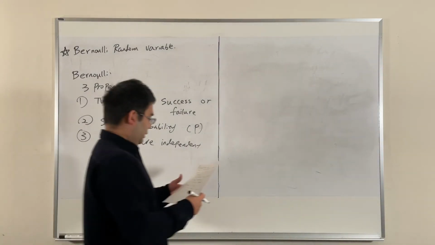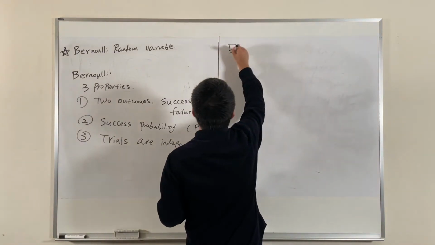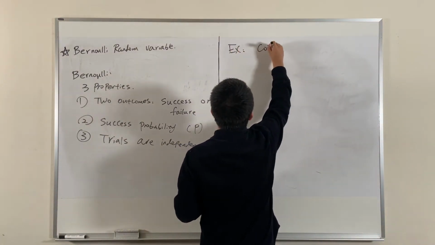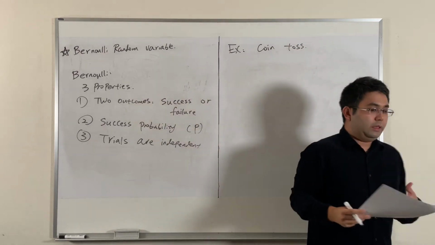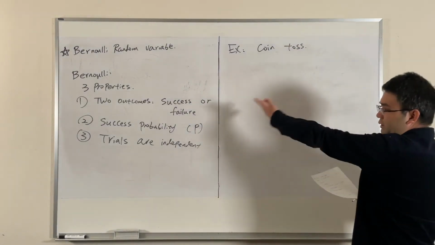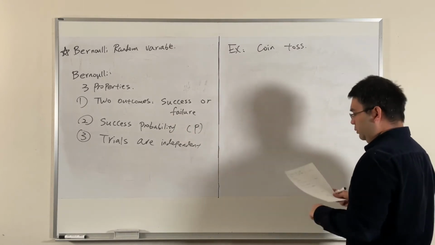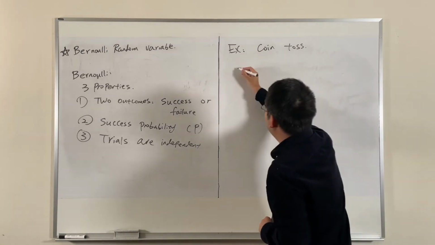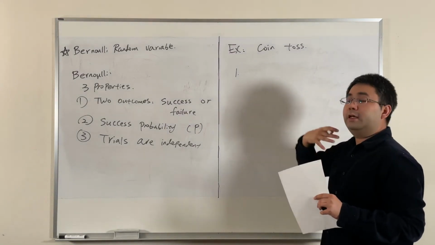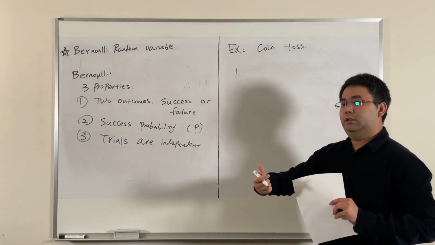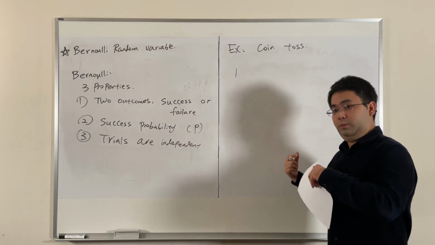Let me give you an example: coin toss. In the example of a coin toss, does it satisfy those three properties? Check one. Let's say getting a head is a success. Therefore, getting a tail will be a failure.